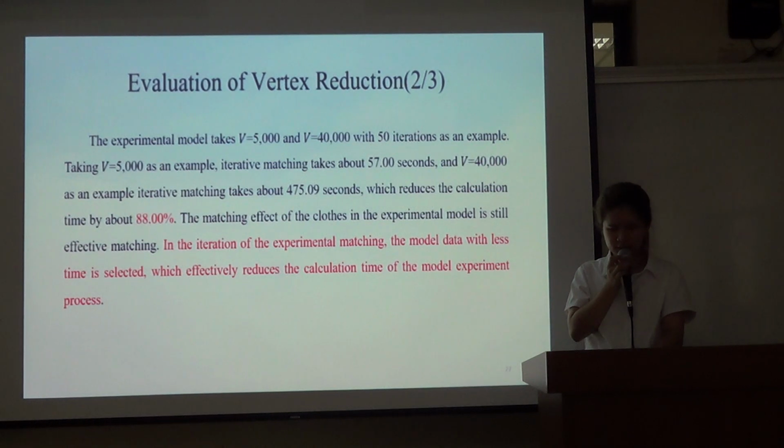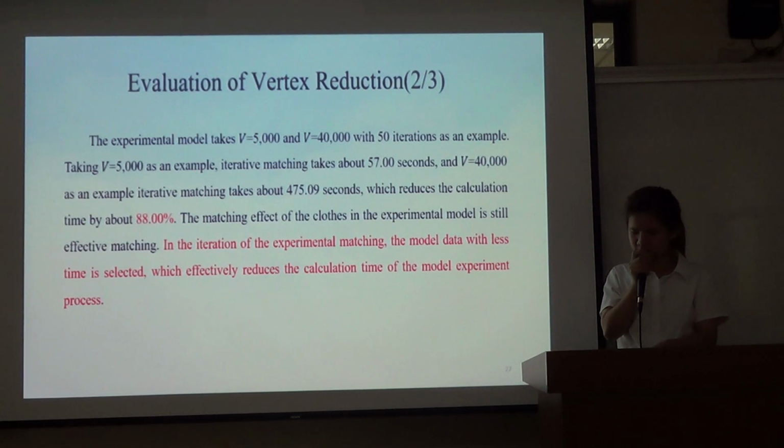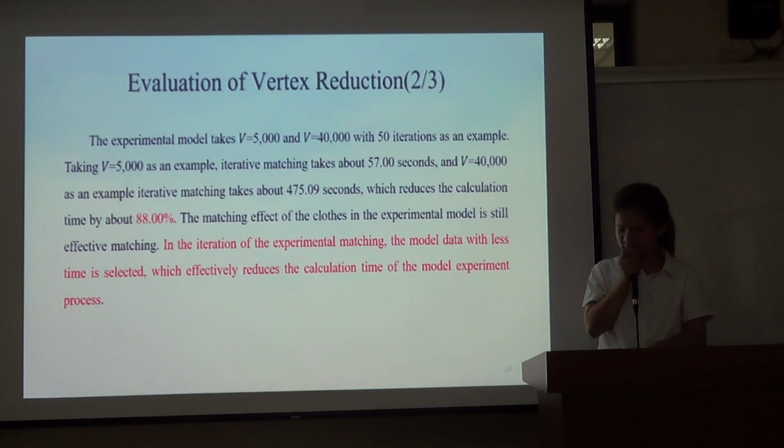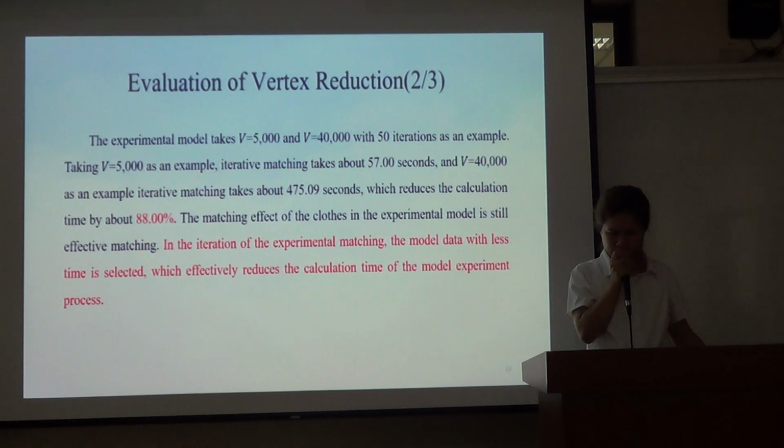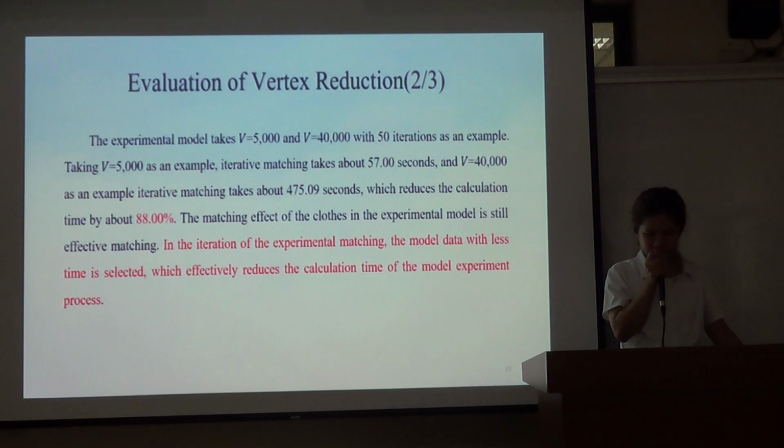The effect of vertex simplification in the experimental model is still effective matching in the iteration of the experimental matching. The model data with less time is selected, which effectively reduces the calculation time of the model experiment process.